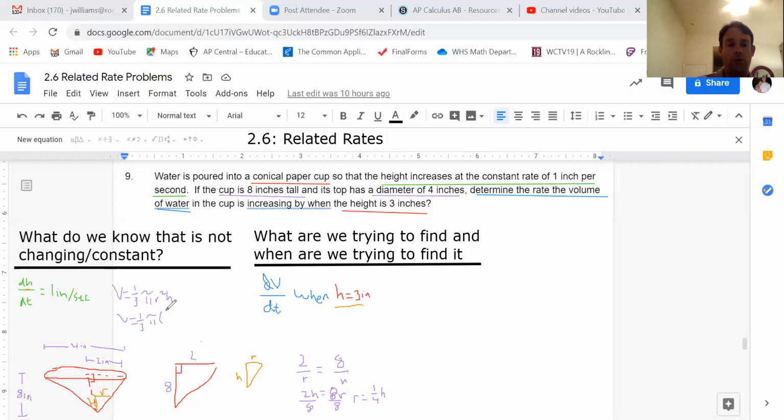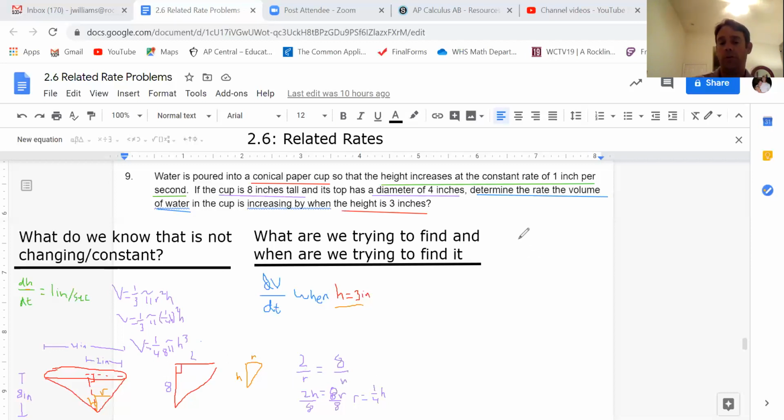So instead of R, we'll plug in 1/4 H. And the volume formula that we want to use, friends, is pi. So 1/4 squared is 1/16 times 3 is 1/48, or 1/3, that is. So 1/48 pi, got an H in there, H cubed. So that's going to be our volume formula in there.